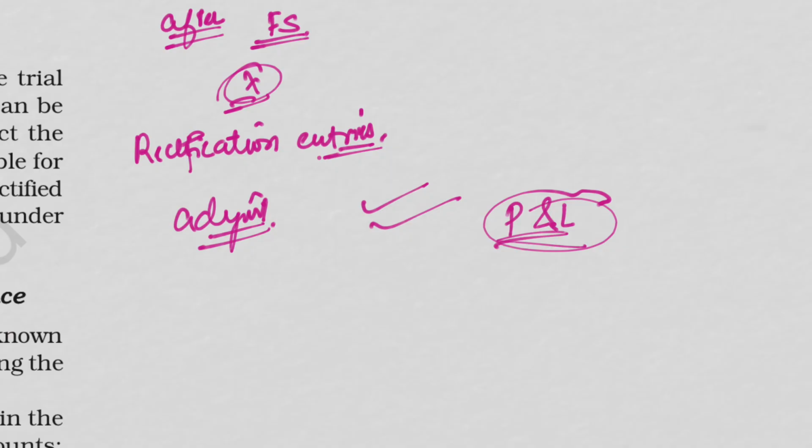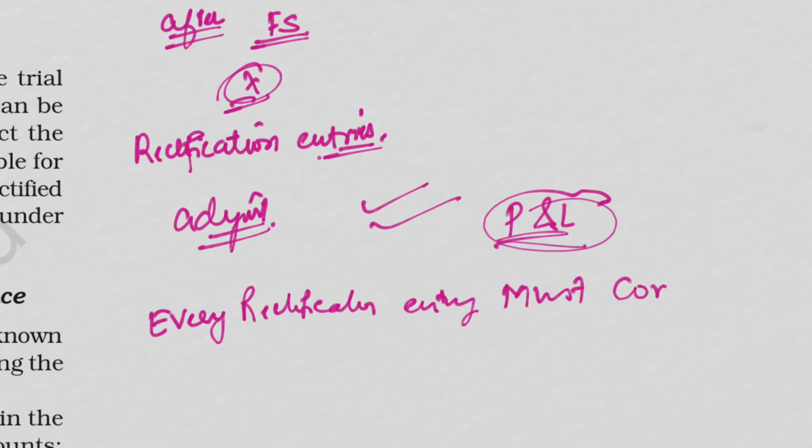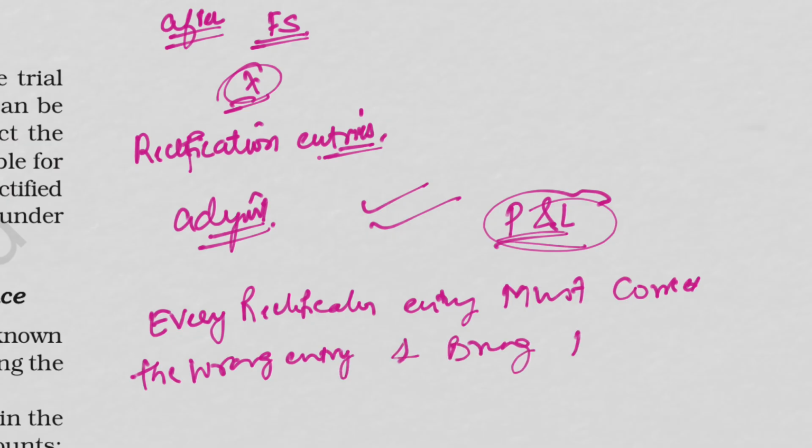Now, an important principle in rectification is that while rectifying the errors, the accountant must follow an important rule. Every rectification entry must correct the wrong entry and bring accounts to their correct position.